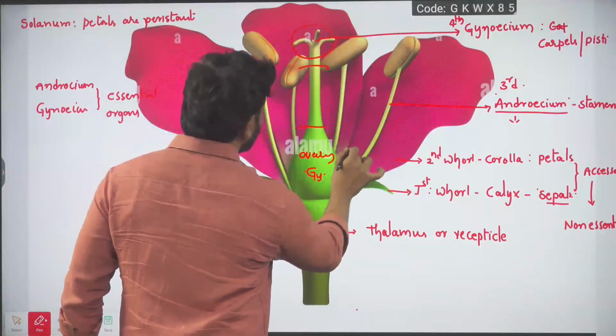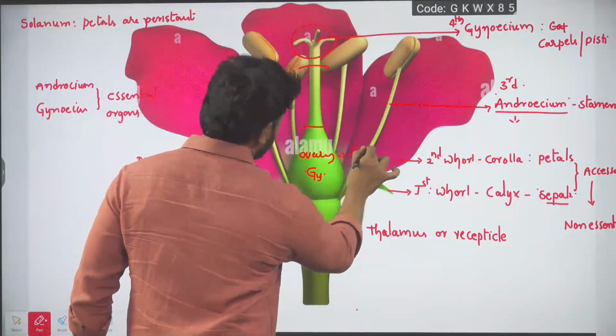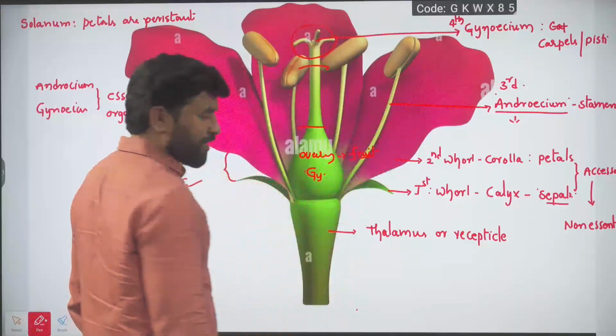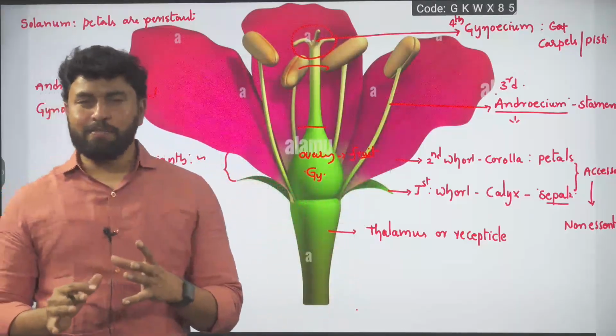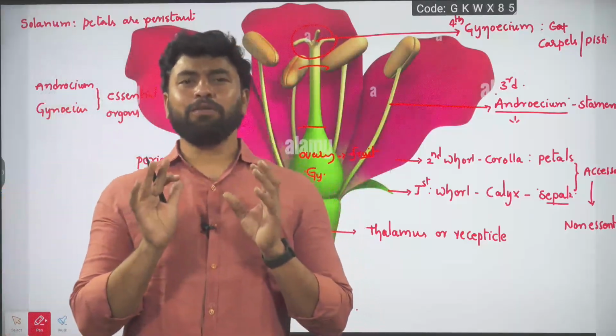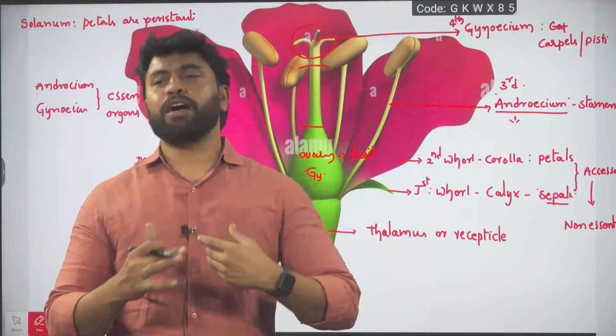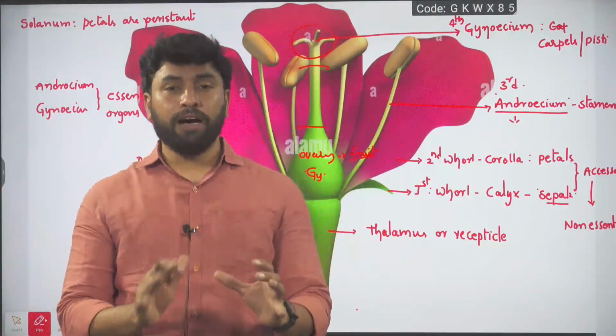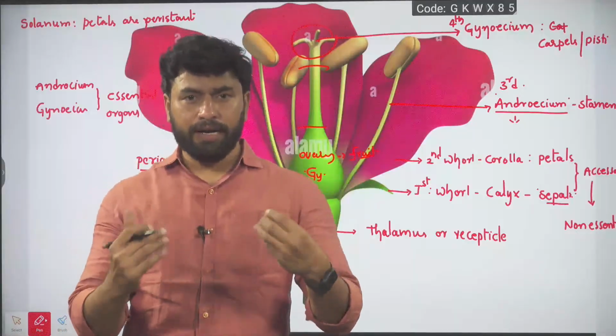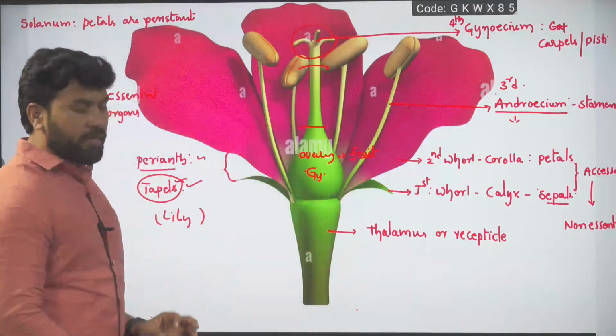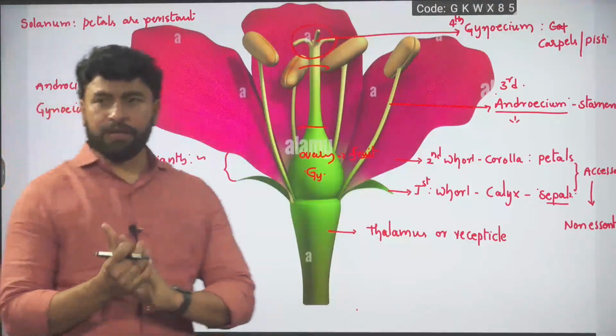Ovary is going to convert into fruit. So finally, if a flower has been pollinated, the only part that generally remains is the ovary. All remaining parts of the flower fall down. This is about the typical characterization of a flower.